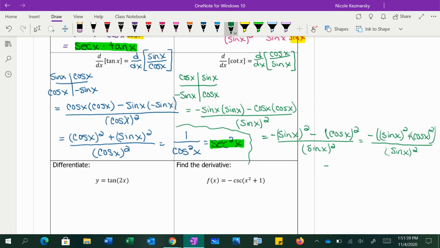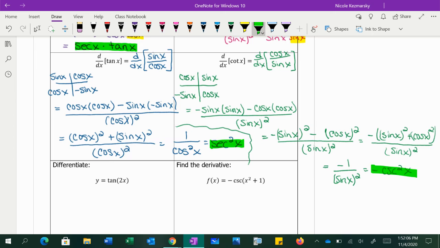And because of our Pythagorean identity, sine squared plus cosine squared is 1. So we've now got negative 1 in the top. And 1 over sine is cosecant. So negative 1 over sine squared is negative cosecant squared. And we're going to write it just like that.